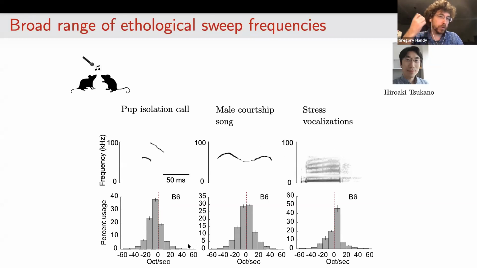So it's very important for these neurons in A1 to not only detect pure tones, but to be able to detect frequency sweeps. And that's exactly what we see.